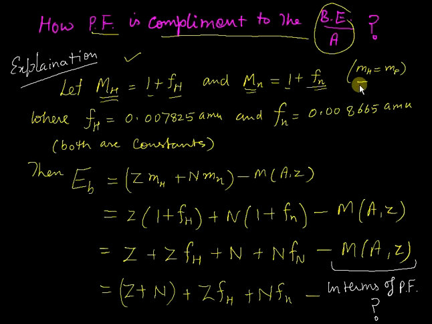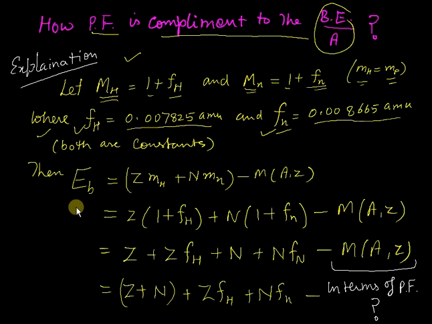You know that M_H, the mass of the hydrogen atom, is taken as the mass of the proton. Here F_H is considered as a numerical value, 0.007825 AMU, and F_n is 0.008665 AMU, and both F_H and F_n are constants.